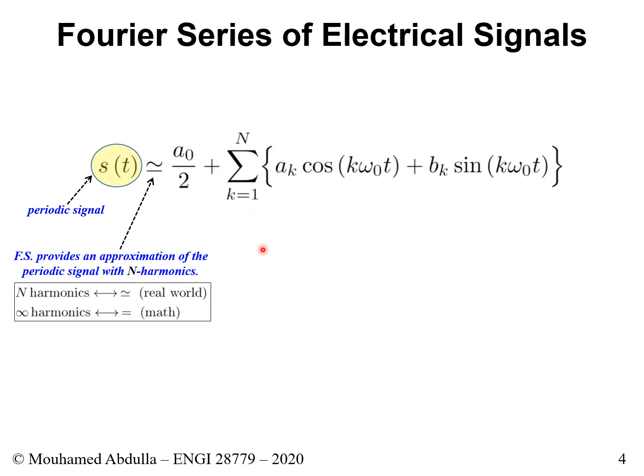But in real life, this will never be the case. You cannot run a summation that will go forever. If you do that, then you'll end up getting a bandwidth of infinity. And this is not realistic in any way, shape, or form. So we look at it from a real world perspective, and therefore we put an approximation. So the Fourier series will give you an approximation of your periodic signal. And that's why we put this symbol here.